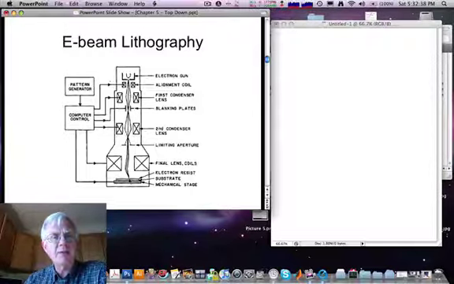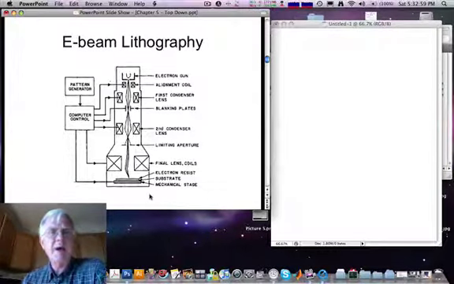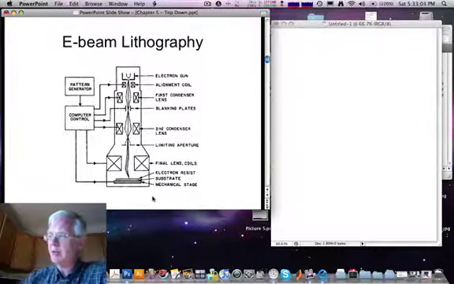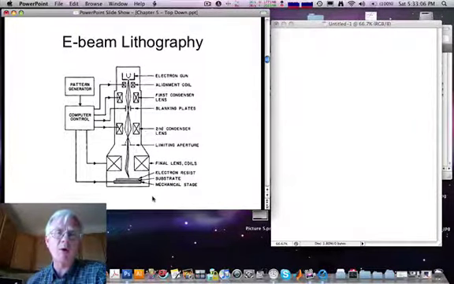The second difference is that because the beam is generated in a device just like a scanning electron microscope, the beam can be turned on and off by a computer as it's scanned over the surface, and this therefore means there is no necessity for making an optical mask, which is one of the long time and expensive processes in photolithography. So it's a great technique for rapid processing or prototyping of nanostructures.